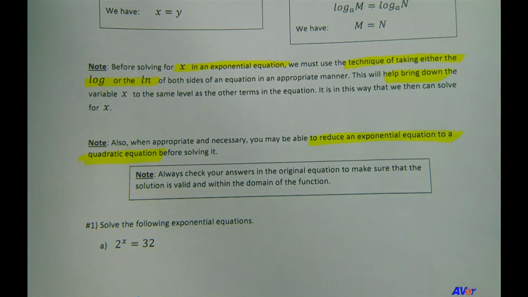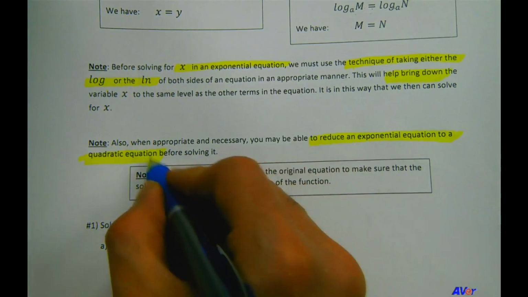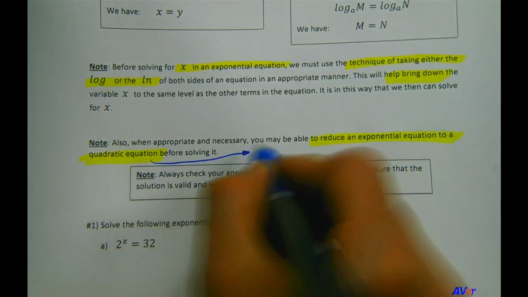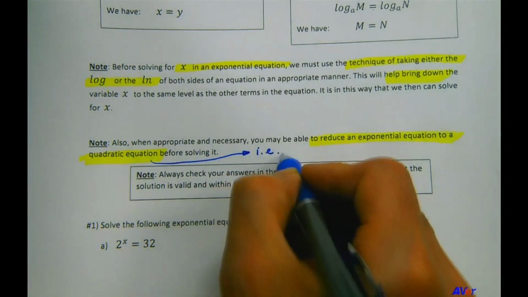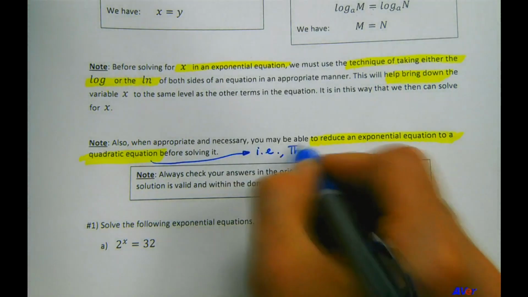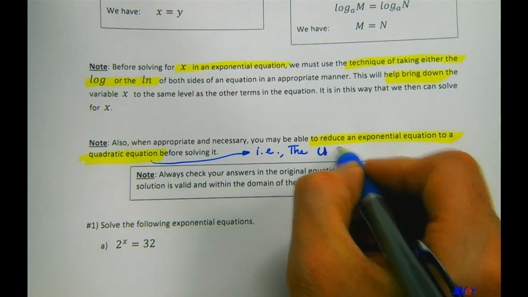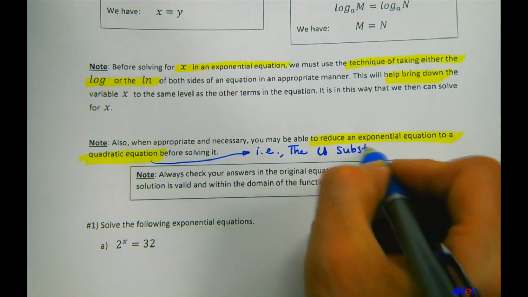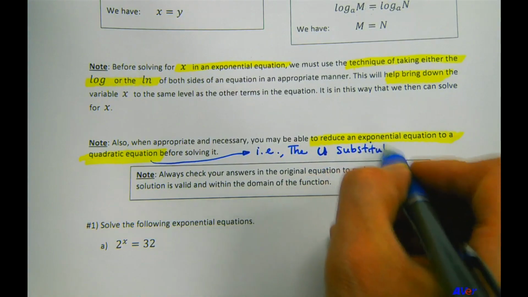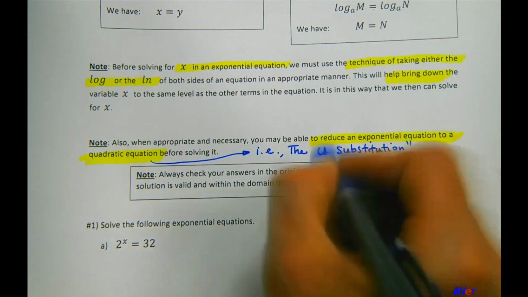But this time, we're going to be using it in the context of solving exponential equations. And this method was called the U substitution method. Remember that? The U substitution method?